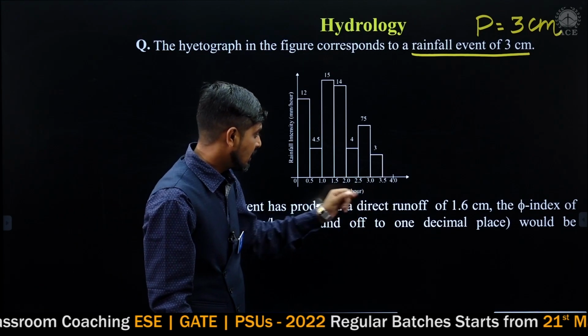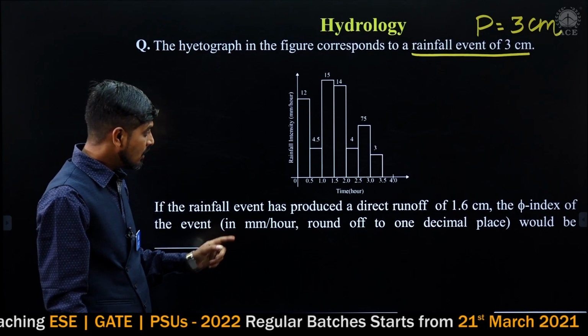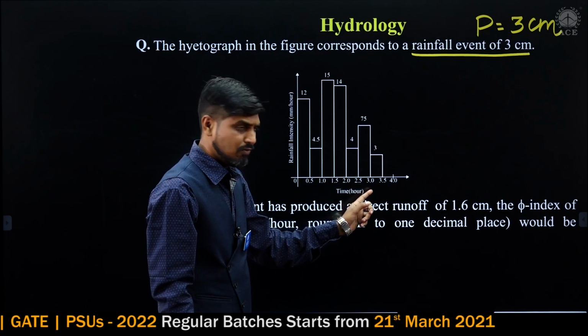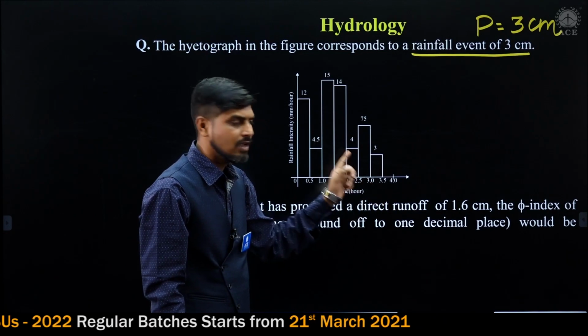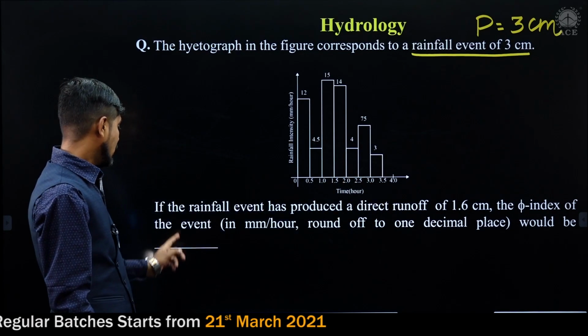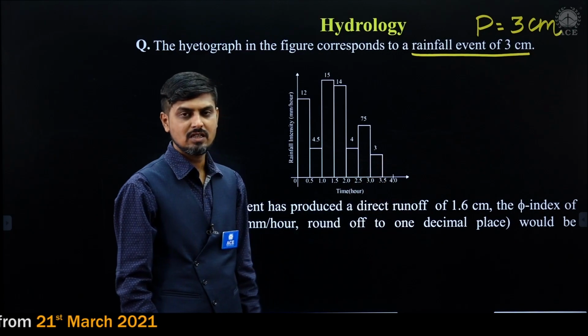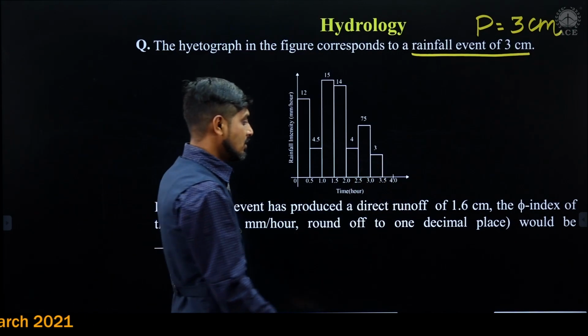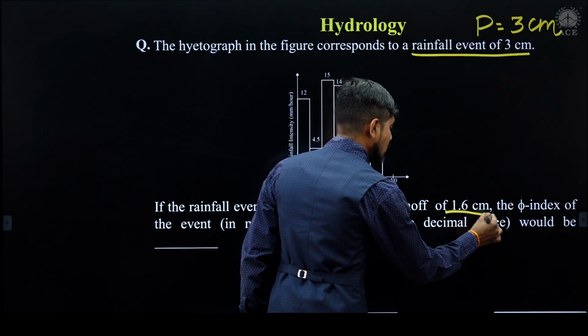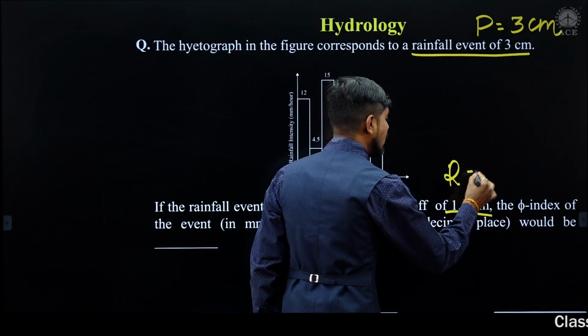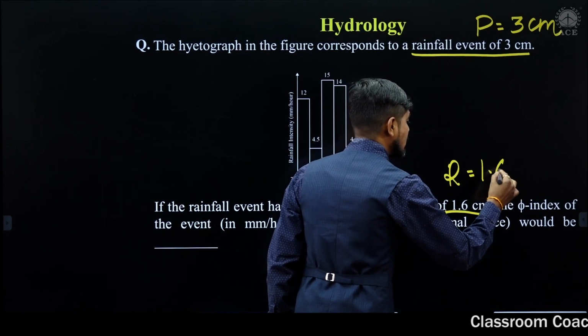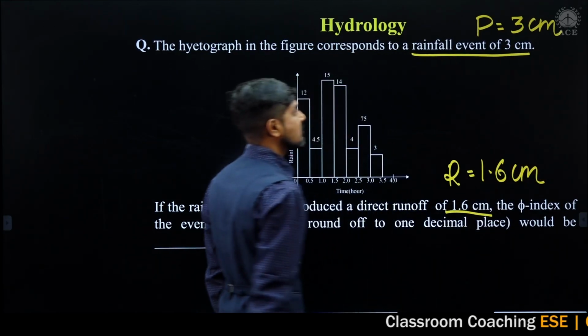If you see the graph properly, the total time of rainfall is 3.5 hours. If the rainfall event has produced a direct runoff of 1.6 centimeter, so this is nothing but your runoff value, 1.6 centimeter.